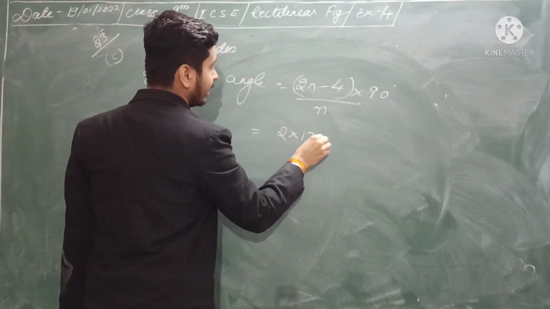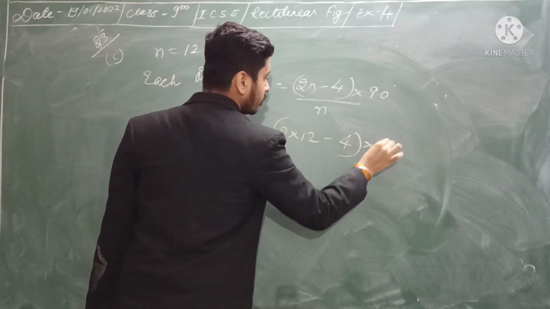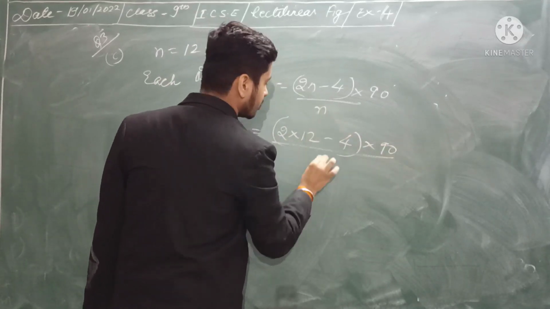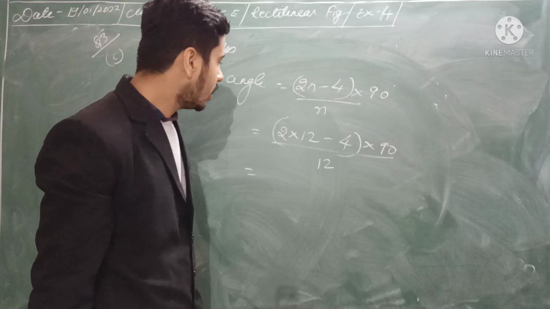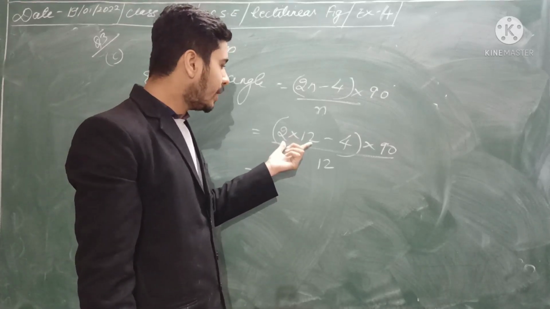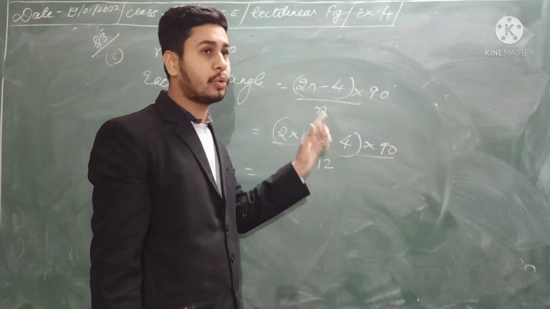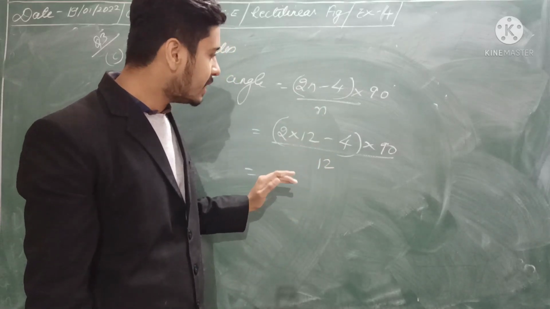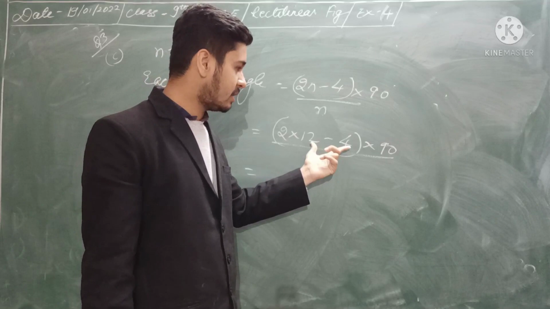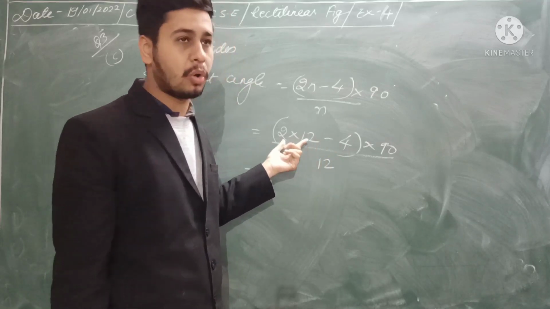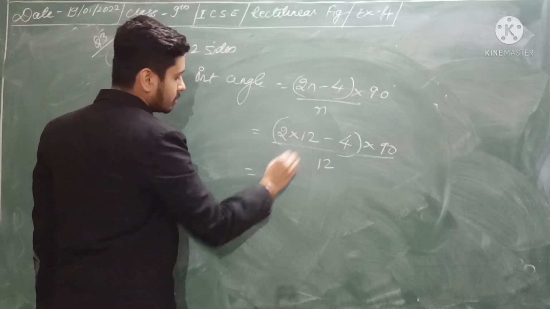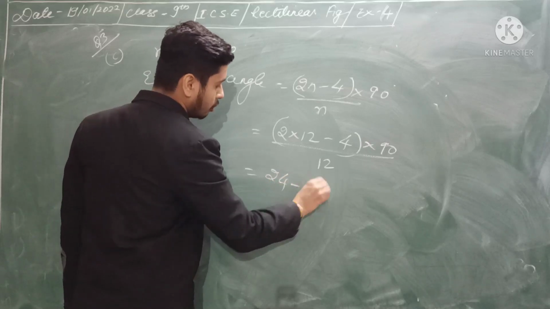So (2 into 12 minus 4) into 90 whole upon, in place of this n also you have to put 12. Now, 2 into 12 will be done first according to the BODMAS rule, not this 12 minus 4. Don't get confused, because I have seen many students doing subtraction first and then multiplication, which is wrong according to the rule. So this is 24 minus 4.